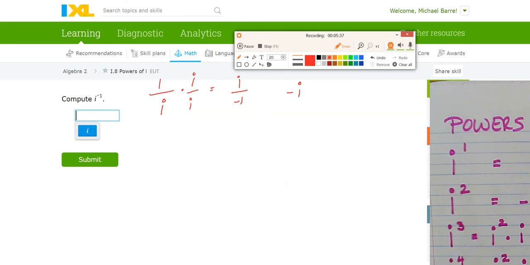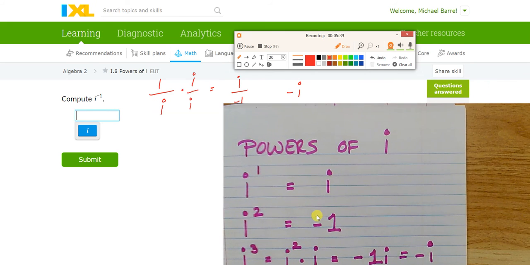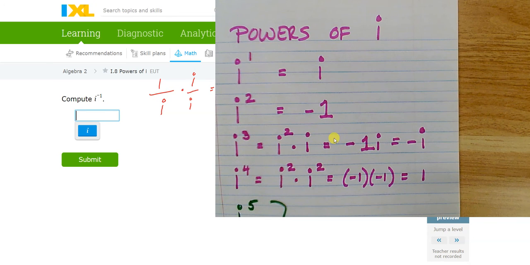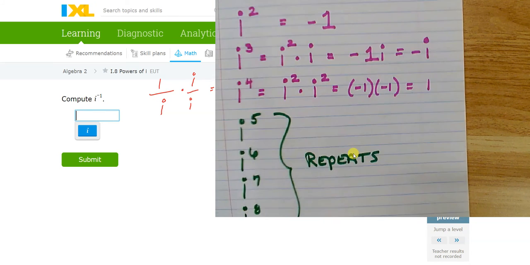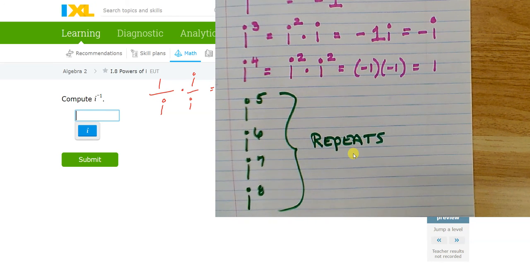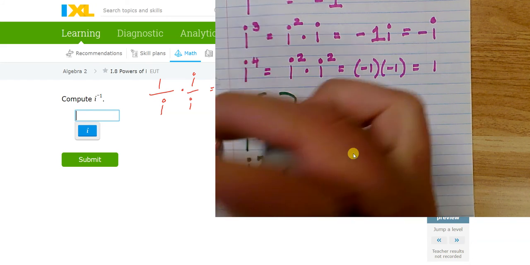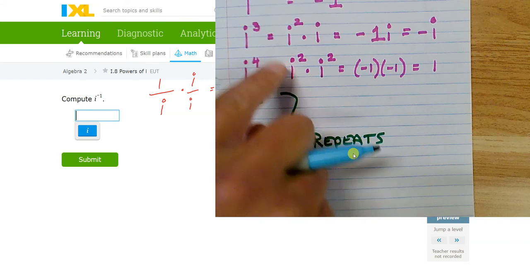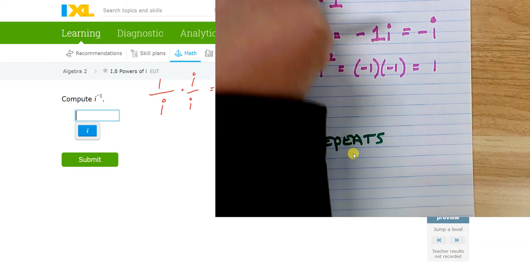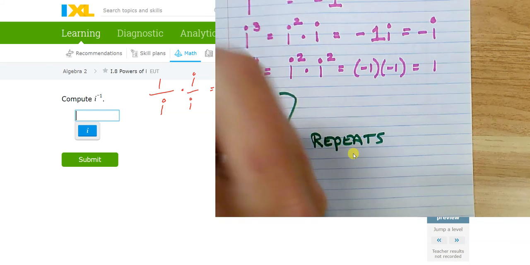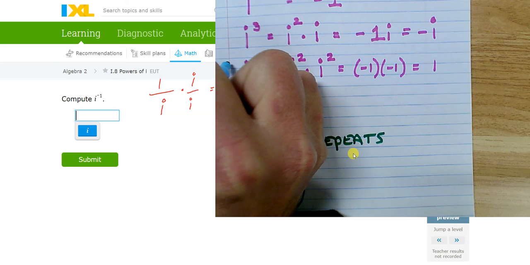So I guess if we came back here, since it's following a pattern, it is following a pattern, isn't it? Let's take, so subtracting 1, this would be i to the 0.